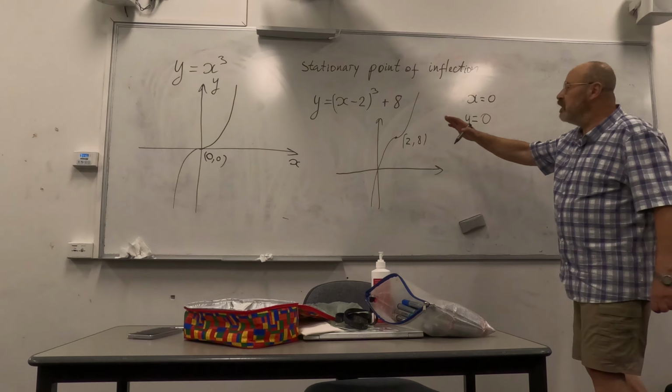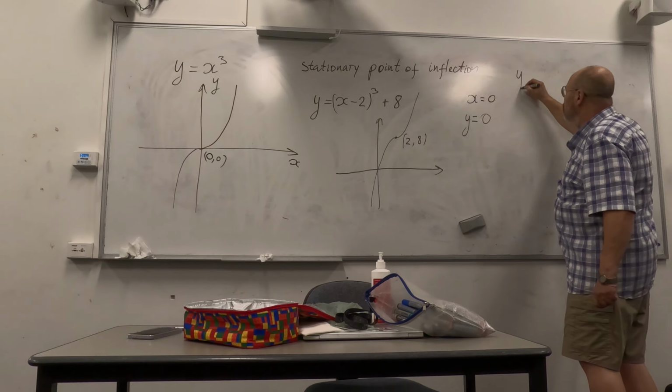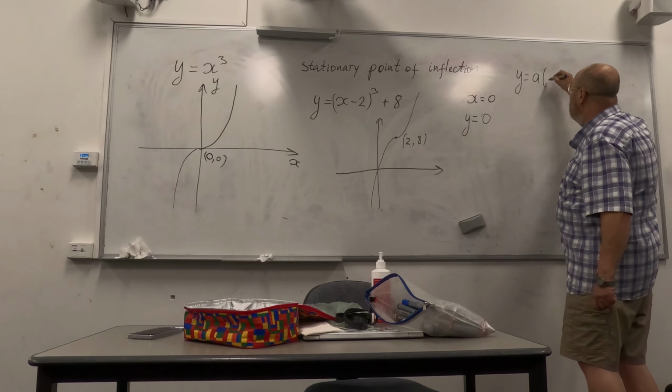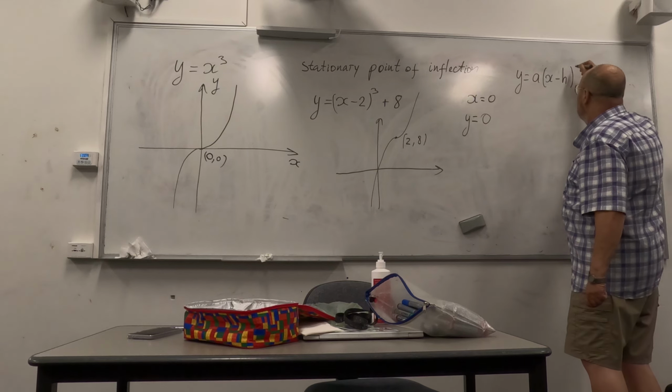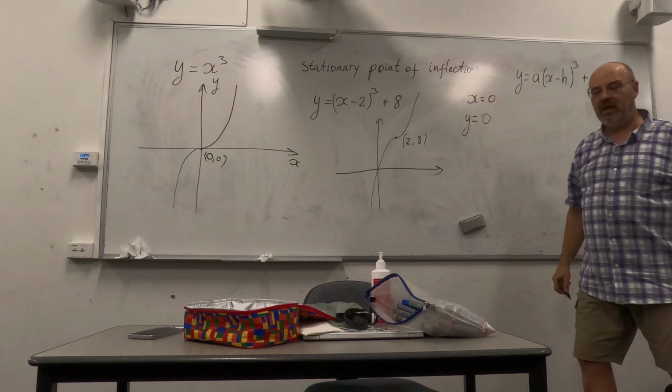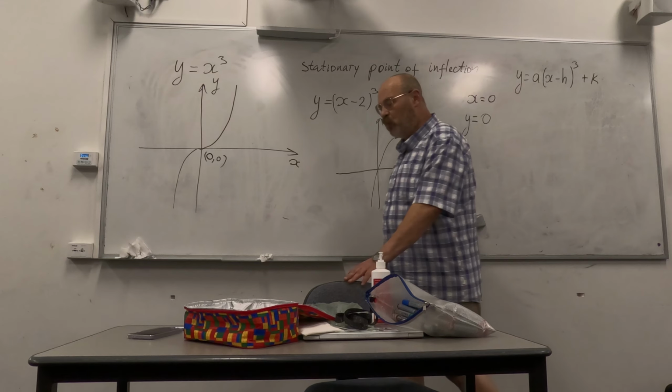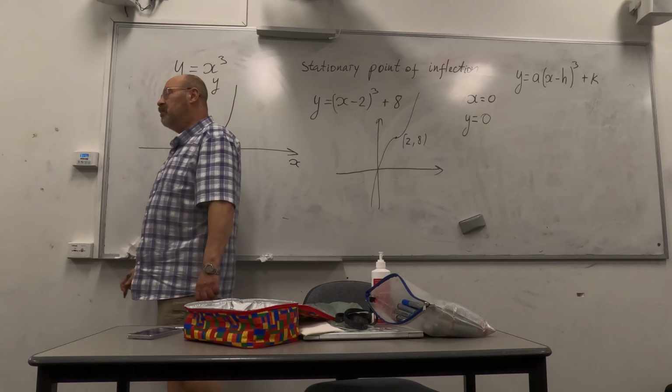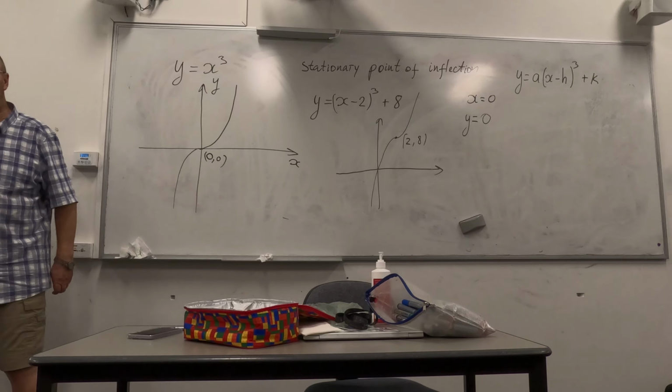Now, another example of this graph. In general we can write it as y equals a(x minus h) cubed plus k. This is kind of hard to draw, because it can be dilated, can be reflected, a can be negative.